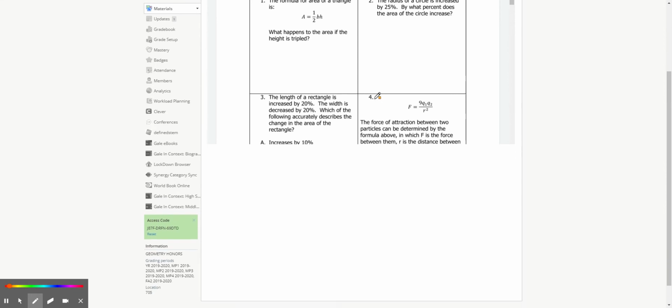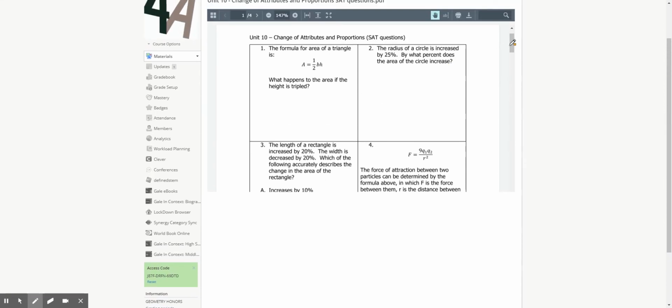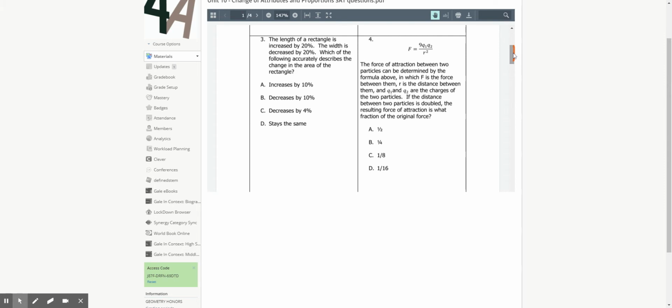If I'm looking at number 3, oh, I forgot I have to move it here, don't I? If we're looking at number 3, the length of a rectangle is increased by 20%. Okay, so the length of my first rectangle, length and width, and then the length of my second rectangle.